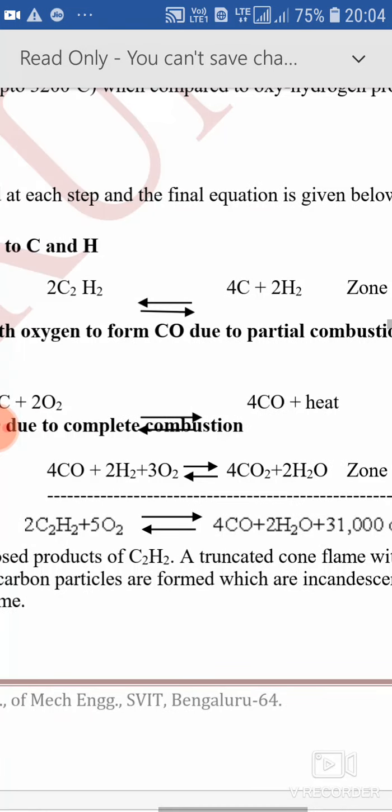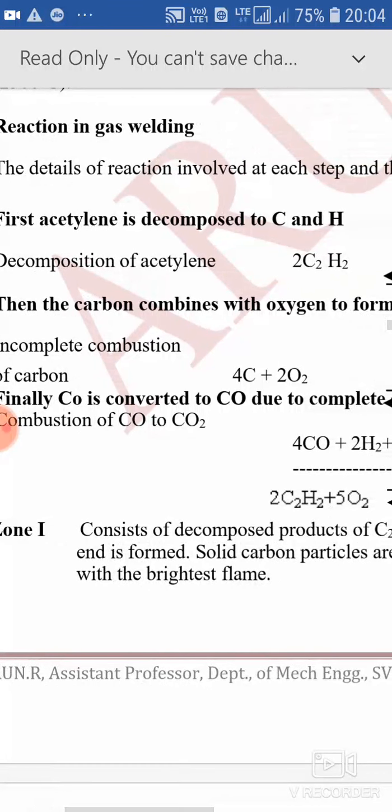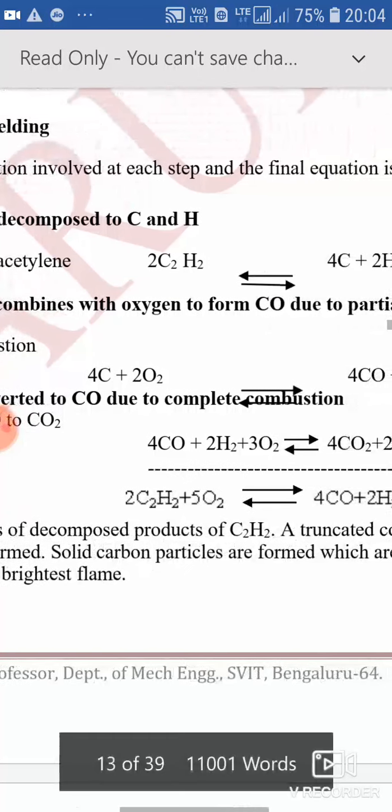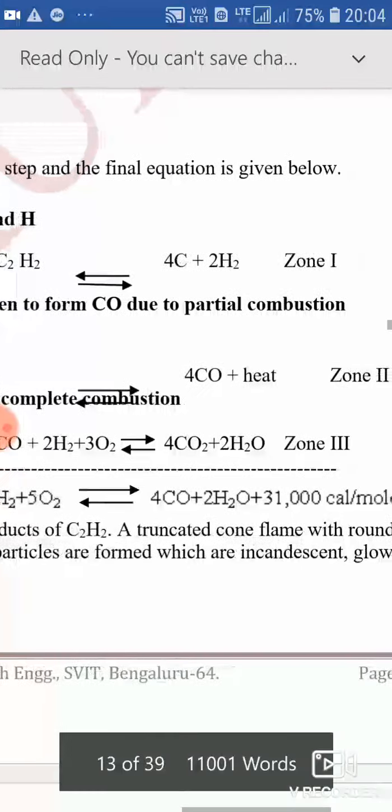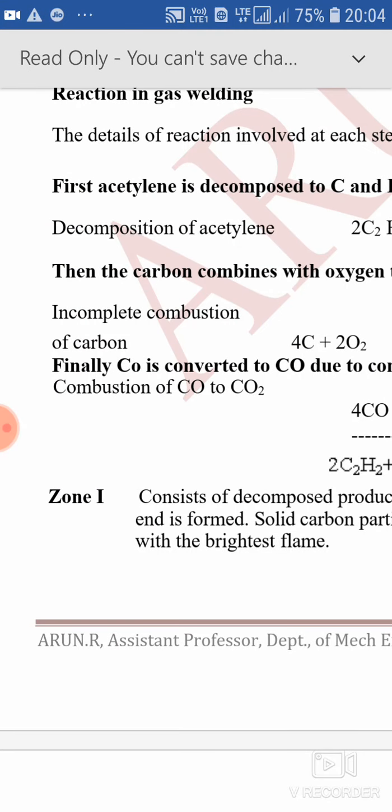Zone 1. Both are fuels here. Then the carbon combines with the oxygen to form carbon monoxide due to partial, incomplete combustion of carbon.